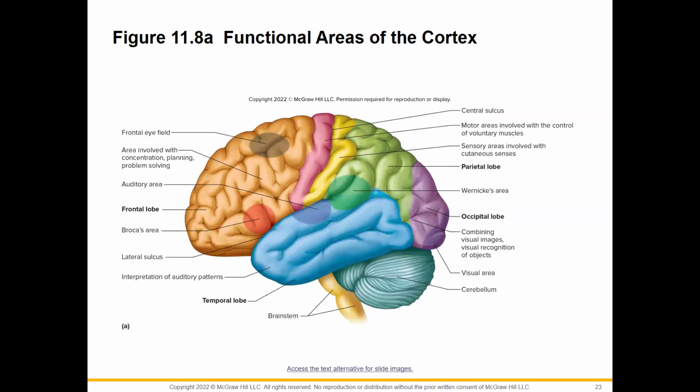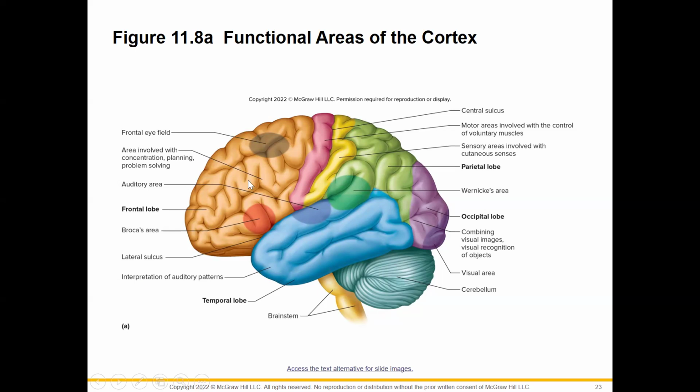What you notice here in this image is the circles that overlie some parts of the brain, and then you have the different colors of the different parts of the brain. These little circles that overlie the areas tell you what these different localized areas of the brain do. So this is the frontal eye field. This is where part of your visual functioning will be located.